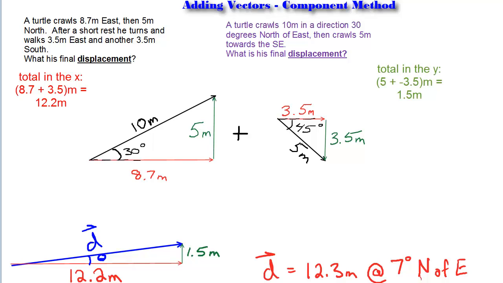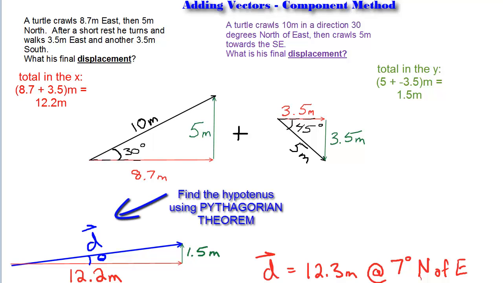And when I add 5 meters plus negative 3.5, I get positive 1.5 meters just like before. So it's a way of simplifying our question down to two vectors only, a horizontal one and a vertical one. And then finishing the question is exactly like we did before. A little bit of Pythagoras to get our hypotenuse, our blue vector, which ends up being 12.3, and tan theta to get the angle. And again, we'll get 7 degrees north of east.